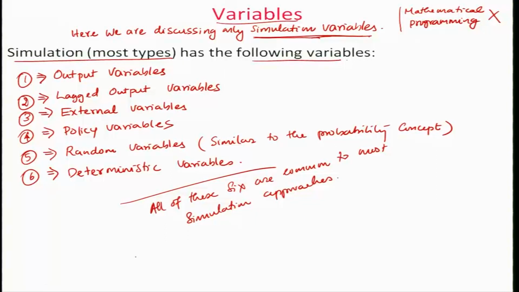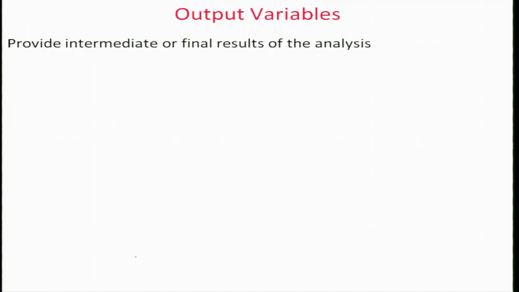In one way or another, these 6 variables get used in the simulation model or approach that we use. Now, let us see what the output variables are.